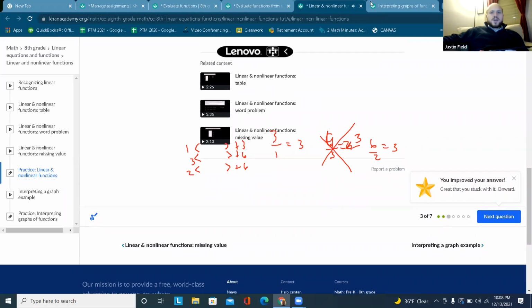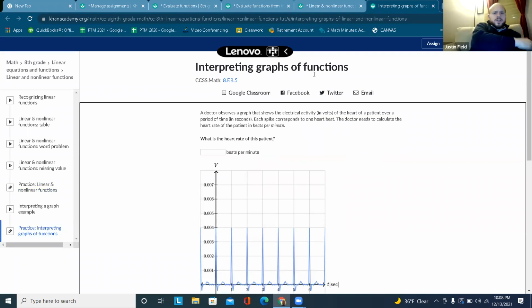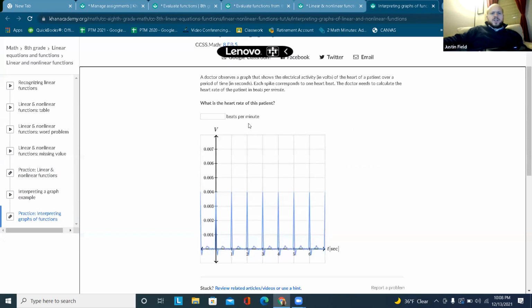All right, let's do the last one here. This one is a little tricky. We're going to interpret, but it's good to have this one because look at all the words, and we have applications, real life, getting into the math, and we all know that's important. So let's read this.